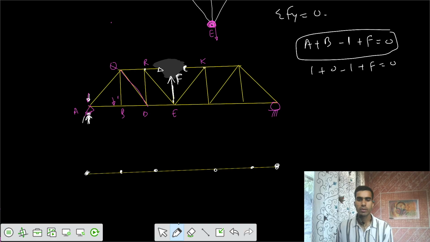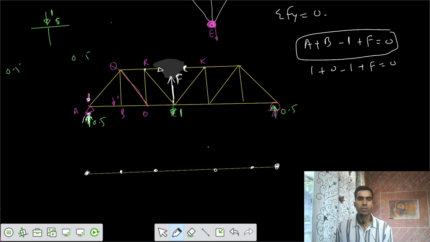Now the final case is when the load is placed at E. If the load is placed at E, the reaction is 0.5, and this reaction is also 0.5. In the previous case, I placed the load at S, and the reaction was also 0.5.